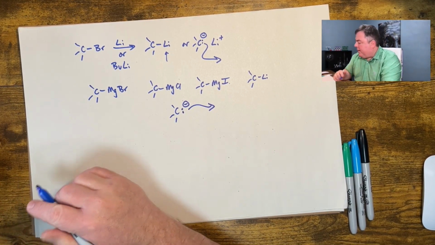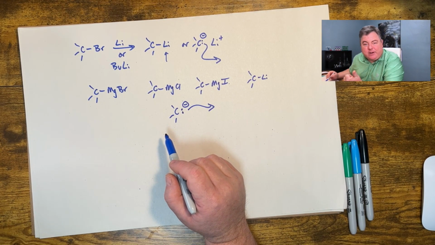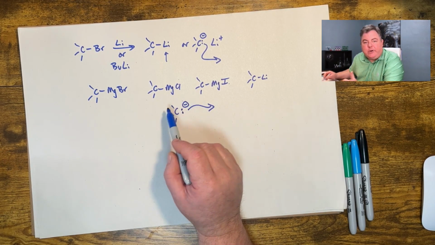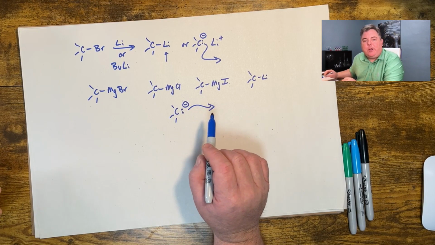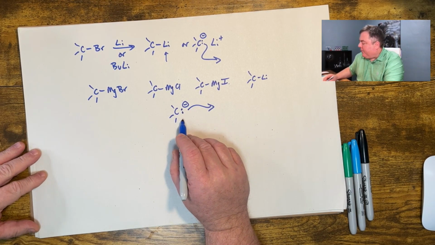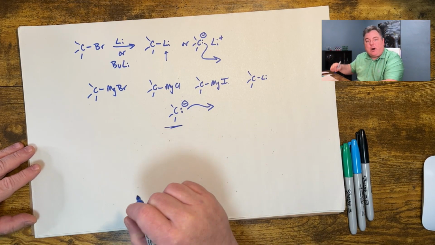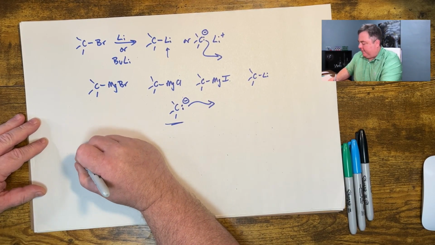Now that we know how to make a negative carbon like this, either on a triple bond acetylide with a good base like sodium amide, or by making a Grignard or organolithium reagent, one common way to make carbon-carbon bonds is by allowing this Grignard or negative carbon atom to go attack a carbonyl compound. So let's pick a very simple Grignard.